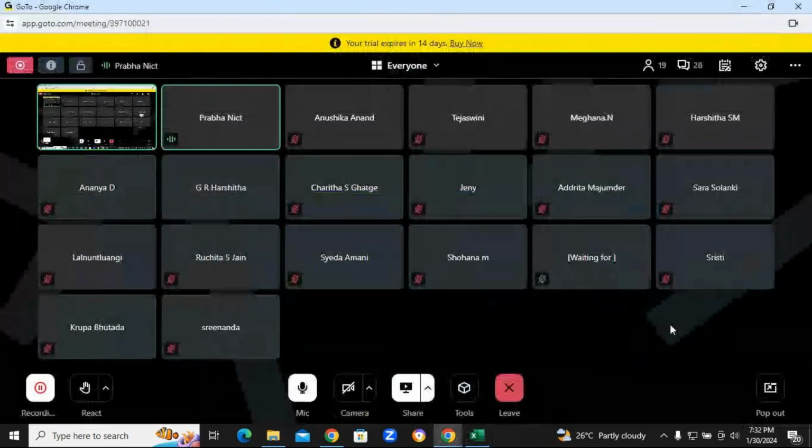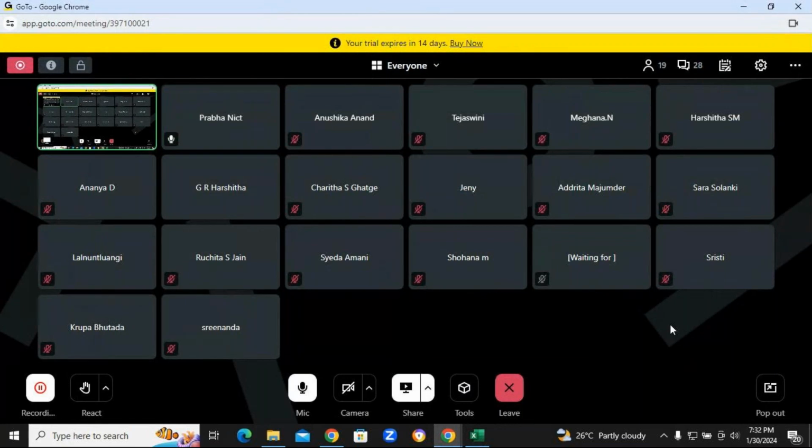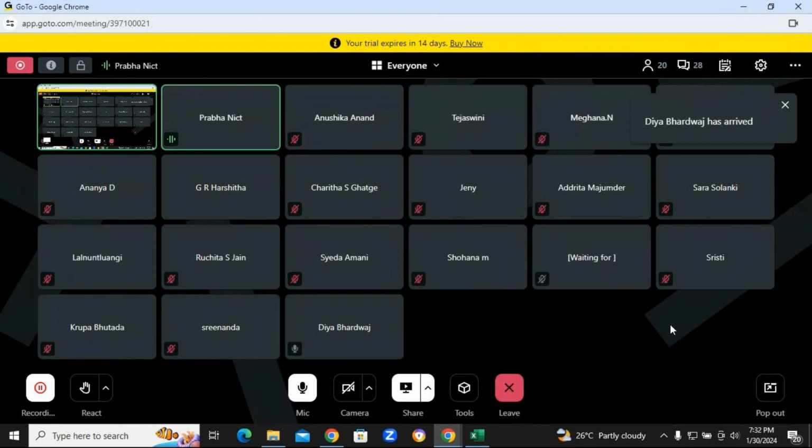Type in 1. How many of you are able to solve the second case? Type in 1 if you are able to solve the second case, case 2. You are understanding, you are able to do it. Type in 1 or else I'll explain you once again, not at all an issue.